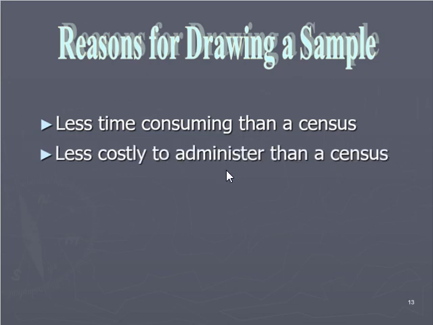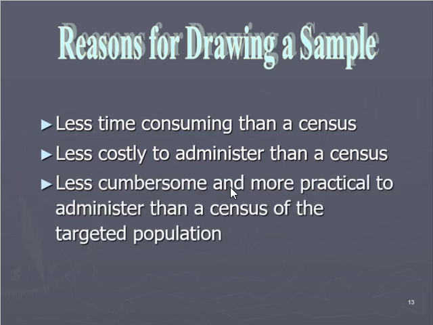Because of that, it's less costly. Sampling will be less costly than a census. So, syempre, less resources required. Less time required to get the data. And it's less cumbersome. Of course, and more practical to administer than a census of the targeted population.